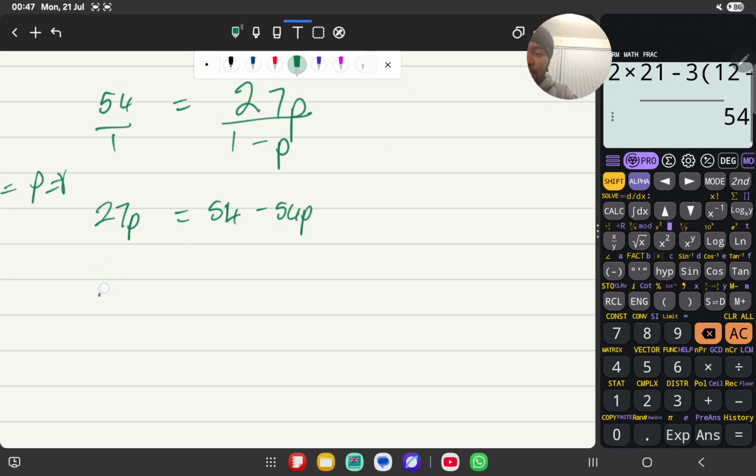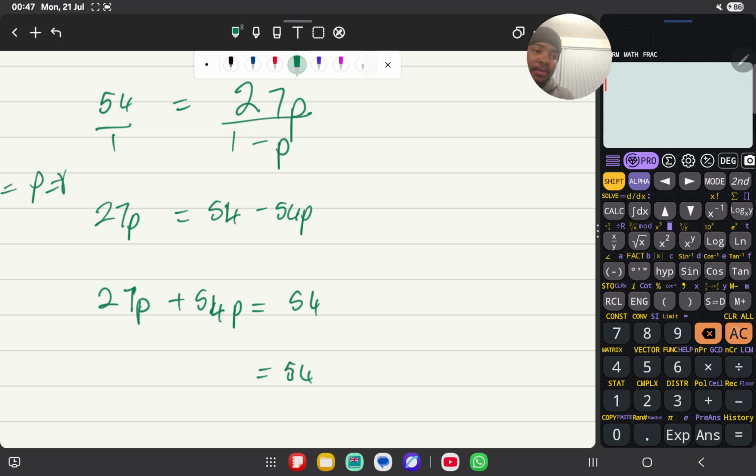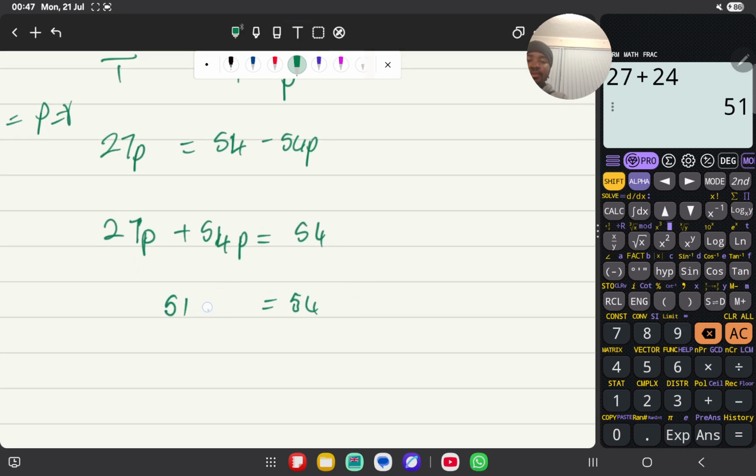Let me write it properly. So 27p plus 54p equals 54. 27 plus 54 is going to be how much? There we go, 81p. We divide by 81, divide by 81.